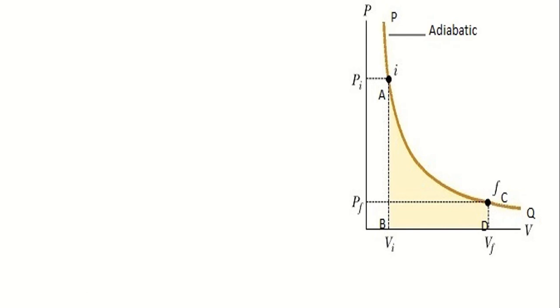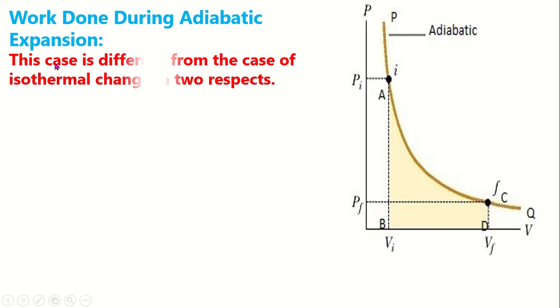And why is it sharper? I have also explained that in the previous content. So look here. Here we are seeing the adiabatic curve, and the adiabatic process is different from the isothermal process. You know it, isn't it?